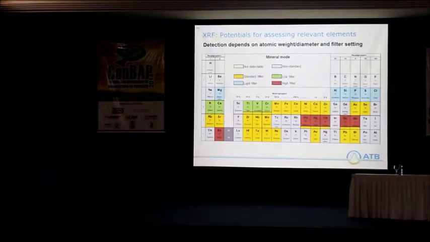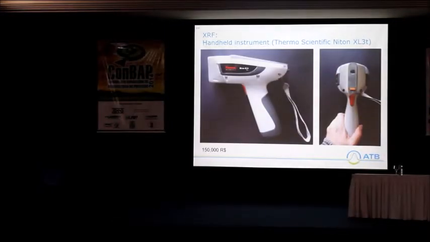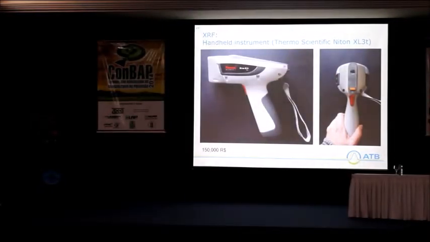And also here, the elements you cannot detect are the interesting ones for us. Potassium, calcium, they are good, easy to detect. You see also other elements, in particular heavy metals. Here is a slide where you should see how a handheld instrument looks like. Unfortunately, it's not cheap.